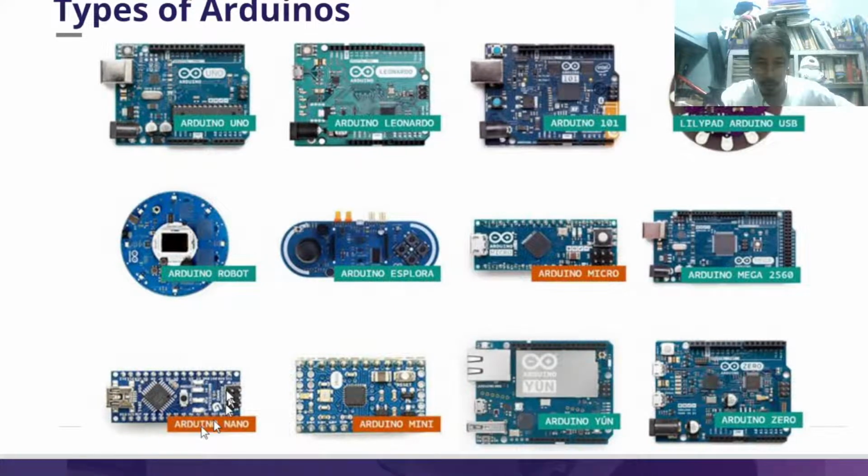So this is the Arduino Nano. Arduino Mini is a little bit bigger than Arduino Micro. Arduino Mega. Arduino Yun. This is the current popular one nowadays. Arduino Yun and Arduino Zero. These two and also this Nano are the current popular ones.